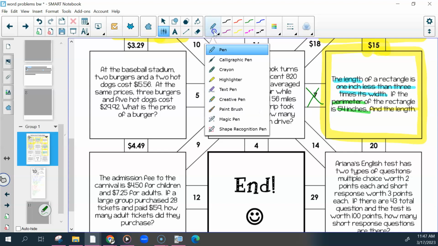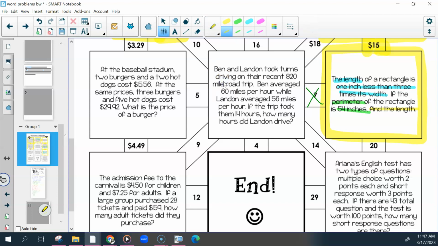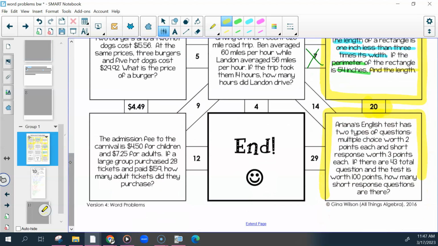So we're just going to assume it's 20. There's no real option. So then start reading the next one.